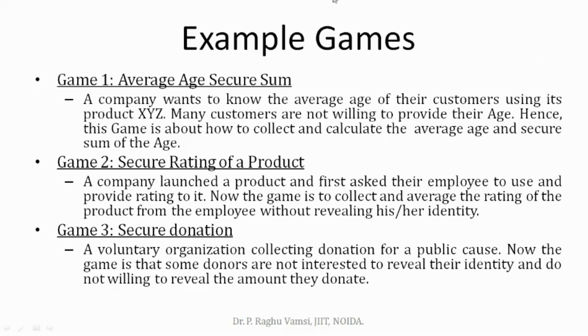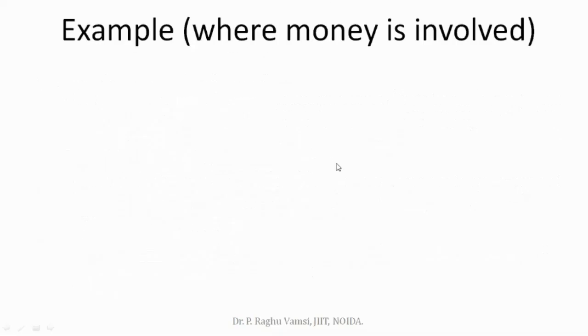So we are going to use cryptography to deal with that. So far, money was not involved, only business or some ratings. Now we'll see some interesting ones where money is involved.